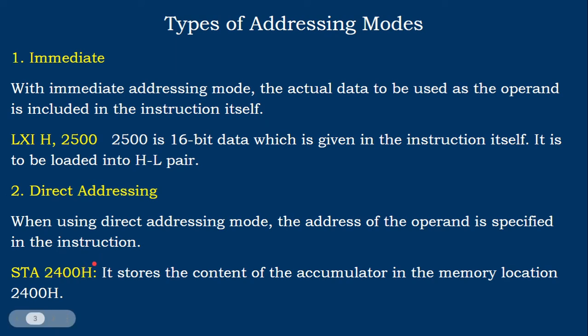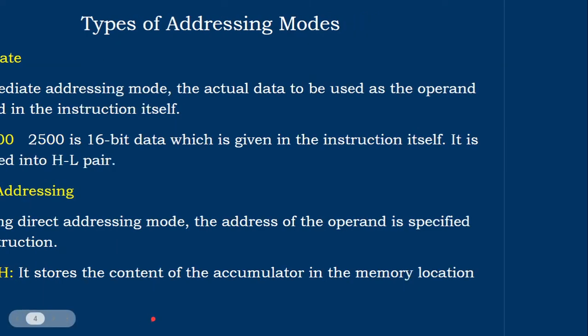We can see the difference between this 2500 and this 2400: here the H is suffixed, and this H suffix indicates it is the memory location. So the address is given directly, and the content is in the memory location. That is the concept of direct addressing.